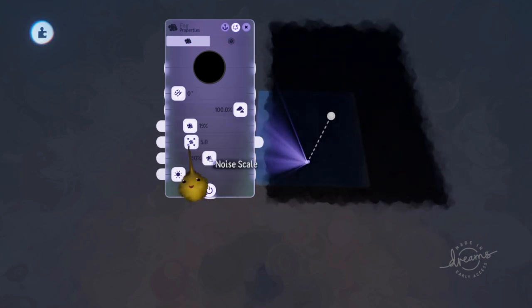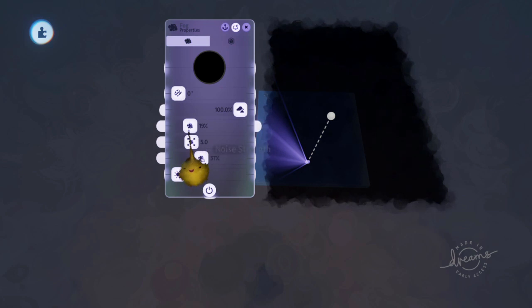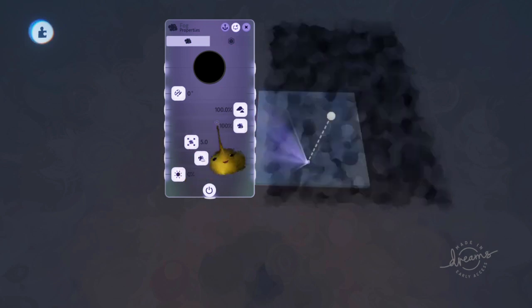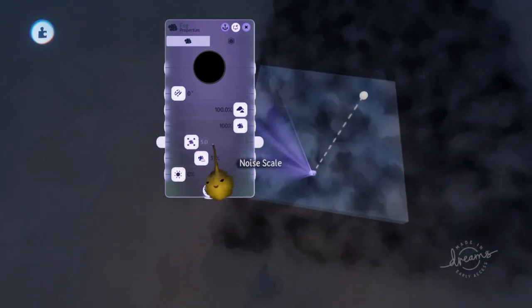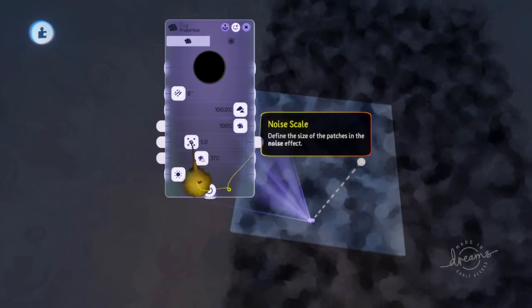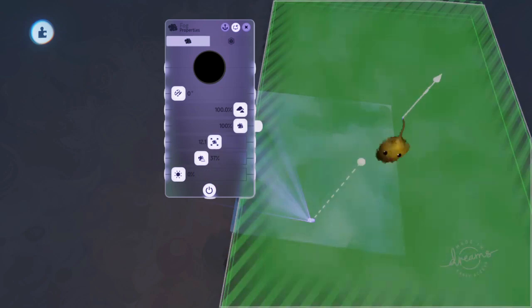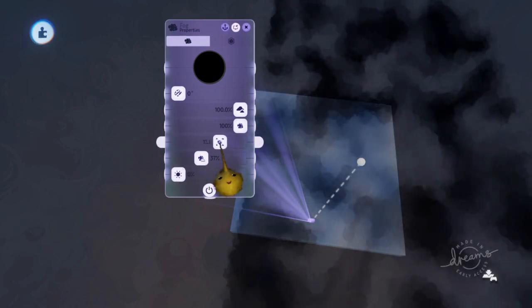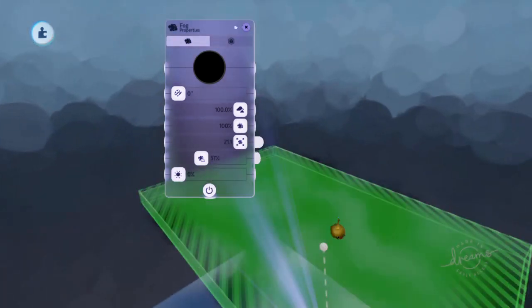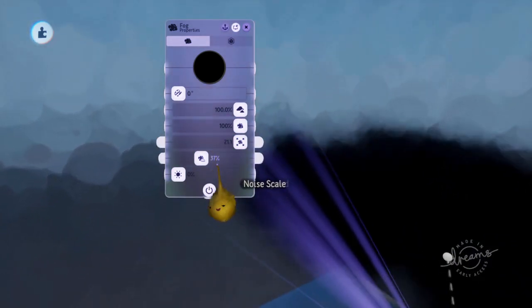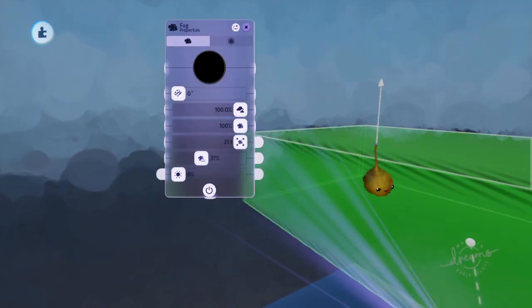Then I can increase the noise strength, and you can start seeing gaps in it. It's some huge randomized image, basically a 3D image, because it actually goes through the whole volume.